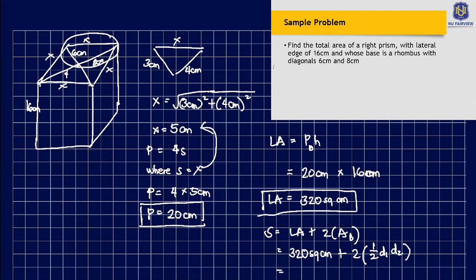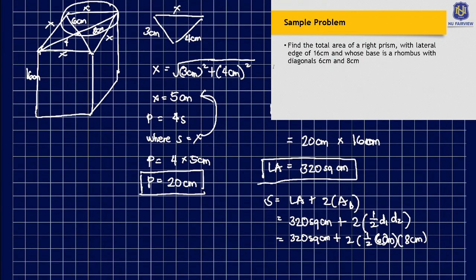Now, substitute lang natin. So, that would give you 320 square centimeter plus 2 times 1/2 ng inyong d1, which is 6 centimeter times 8 centimeter. So, magka-come up kayo dyan ng sagot.